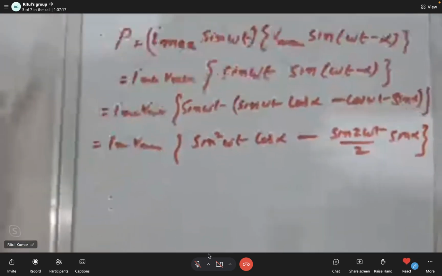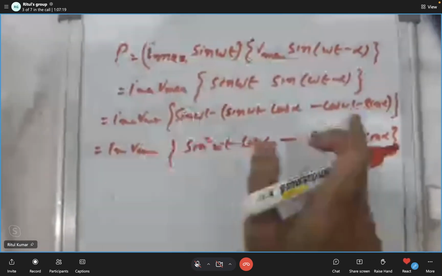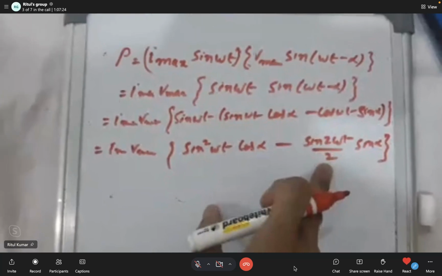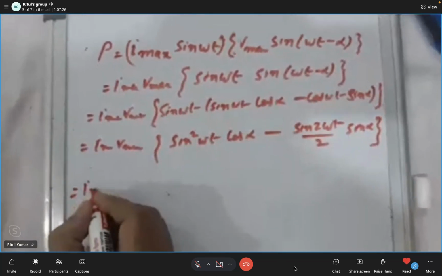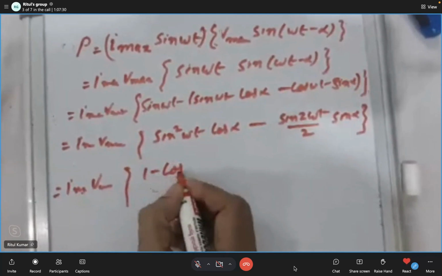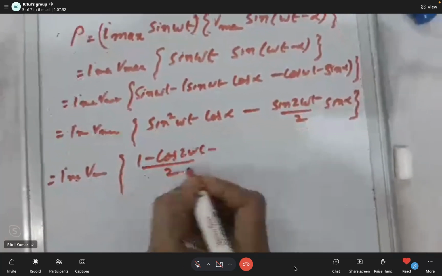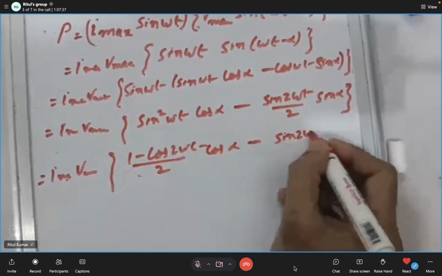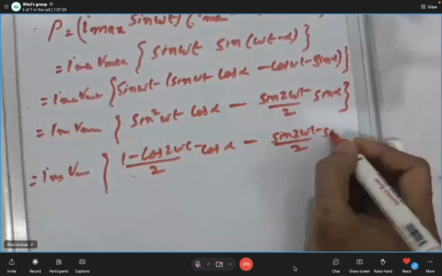Sine cos will get you sine 2 omega t. Okay. So Imax Vmax: now this will be 1 minus cos 2 omega t by 2 into cos alpha, and this will be sine of 2 omega t by 2 into sine alpha.